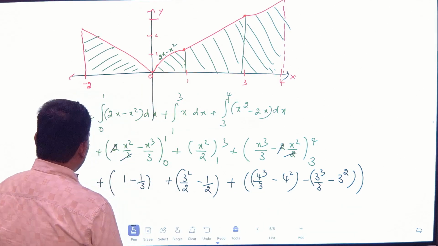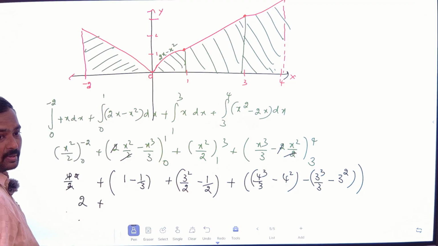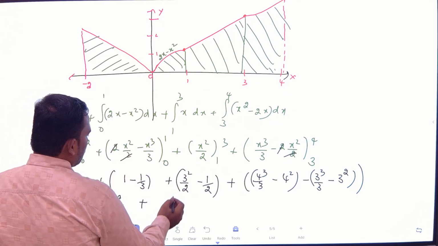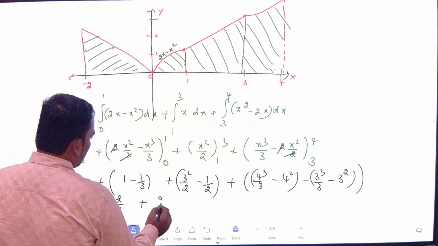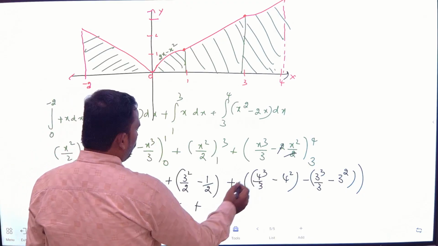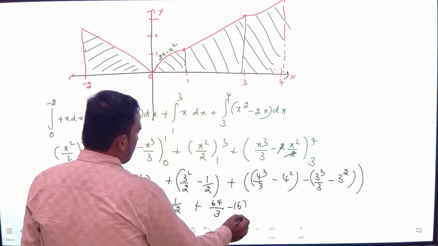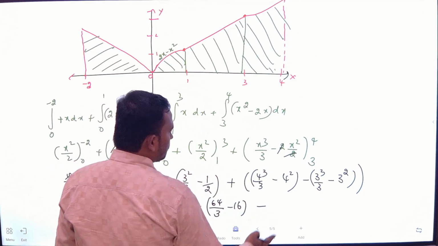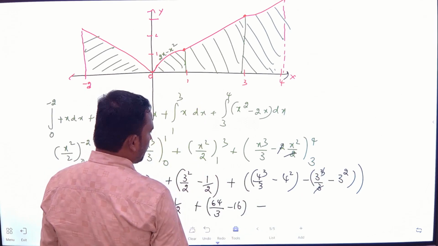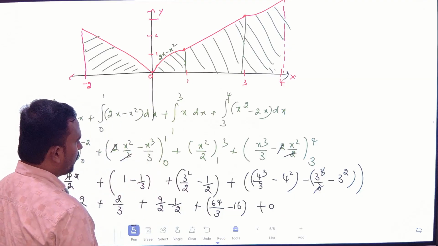Okay. Now you can see, students, quickly, this is 2 plus 1 minus 1 by 3, which is 3 minus 1, it is 2 by 3, plus this is 9 by 2 minus 1 by 2, plus this is 4 cube is 64 by 3 minus 16, minus this 3 cube by 3 minus 3 square, it will be 0, right? So anyway it will be 0, right?